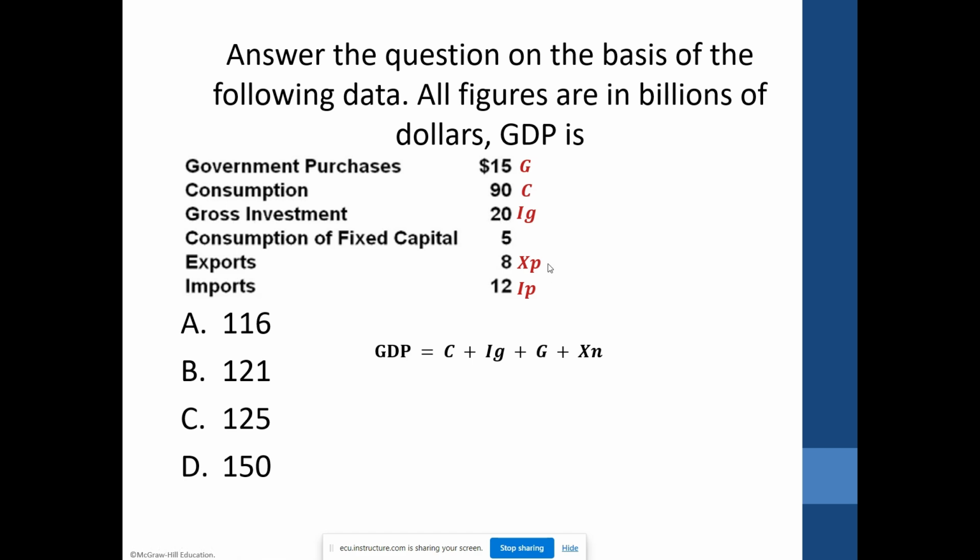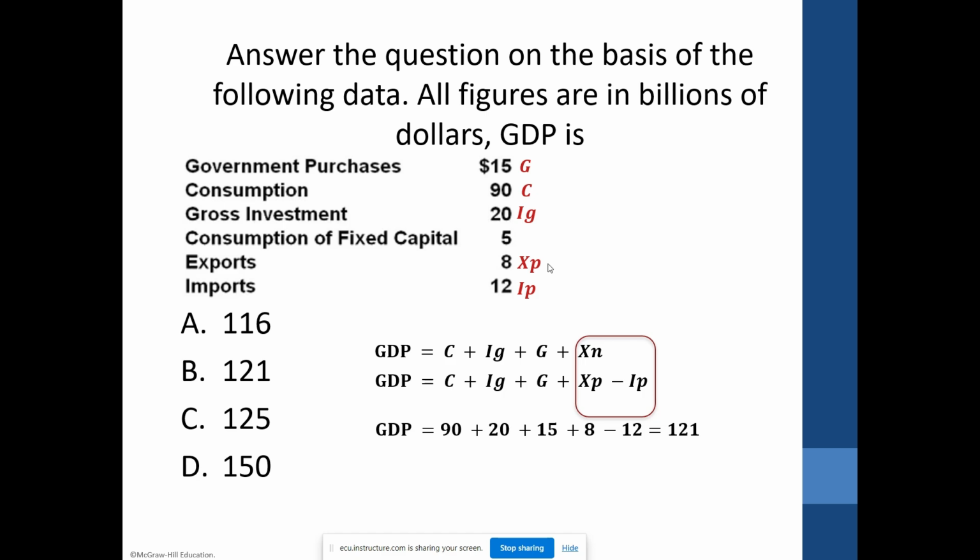Net export is the difference between export and import. Therefore, the GDP is calculated as follows, and it is 121.